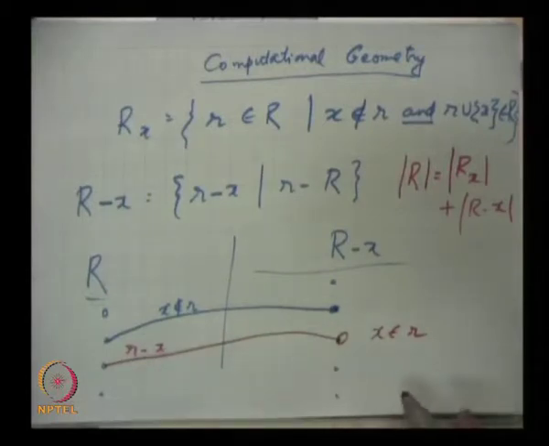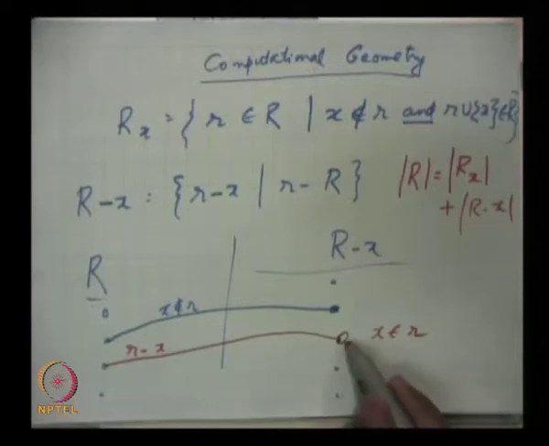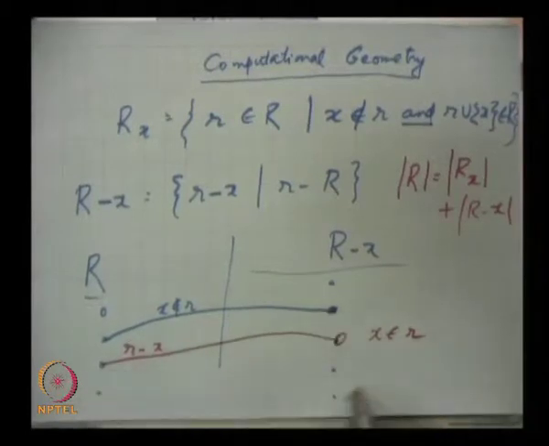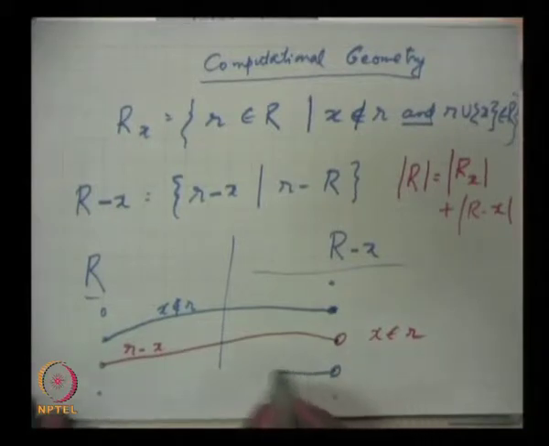Now X belongs to R, is mapped somewhere, but something else also may be mapped here, right? How can these two things get mapped here? So both of them may get mapped here.